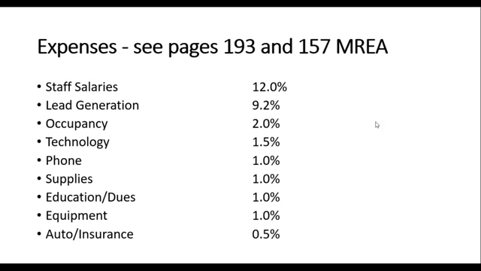And for a millionaire real estate agent that's doing 2.4 million in GCI, this is what percentage should go back out to staff salaries or to lead generation. So in other words, if they're bringing in 2.4 million, 12% of everything that comes in should go back out to salaries. 9.2% should go back out to lead generation, and so on.